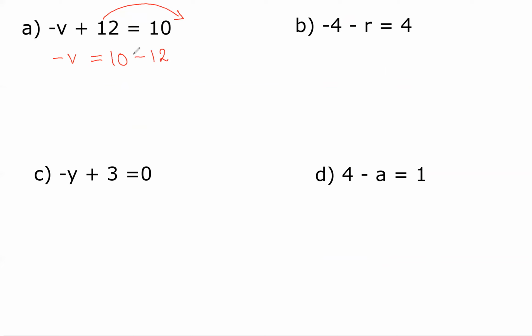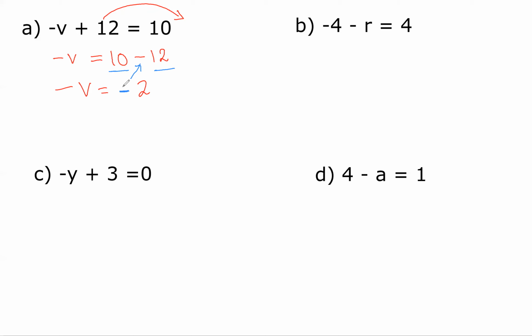Now 10 minus 12 gives me 2, but here is one thing which you have to remember and it's very important. Between 10 and 12, 12 is greater. And what is the sign before 12? That is negative. So my answer will also have a negative sign.